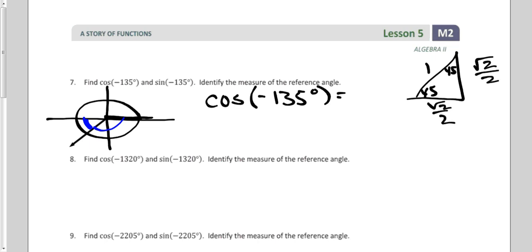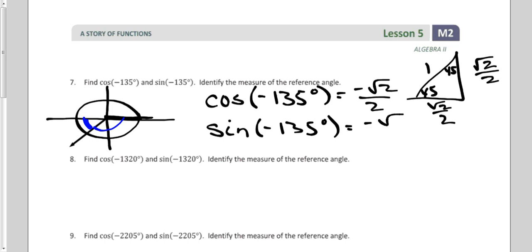But for negative 135, I'm going to have a negative cosine. So it's negative root 2 over 2 for cosine. For sine of negative 135, I'm also going to have a negative root 2 over 2.